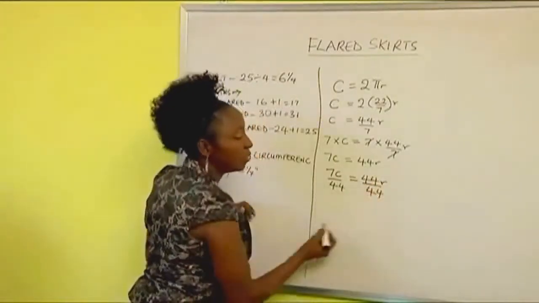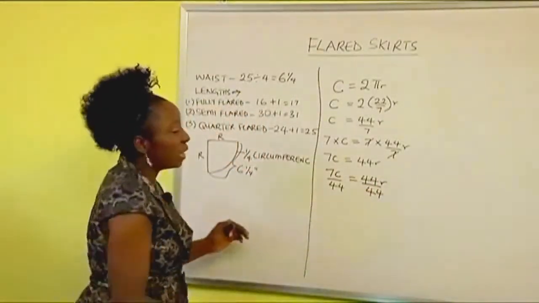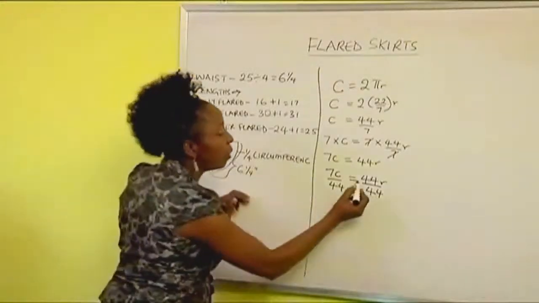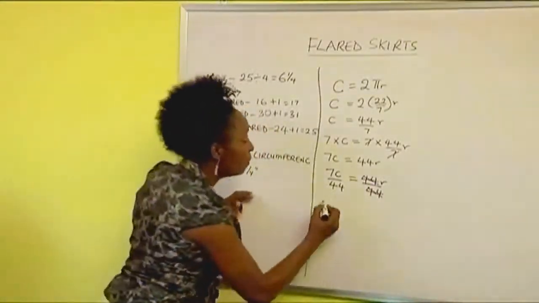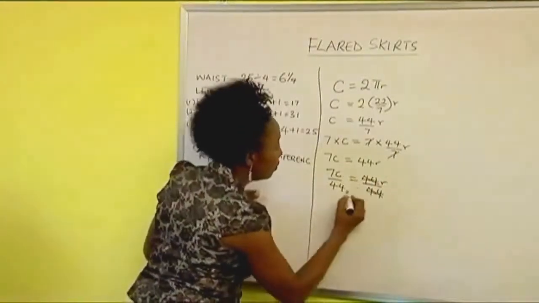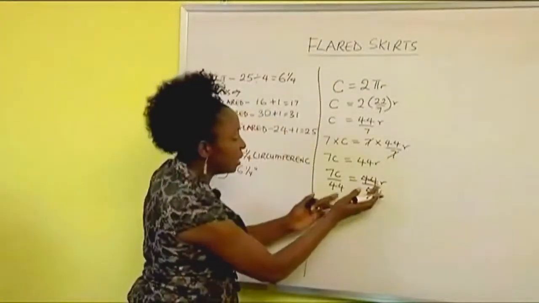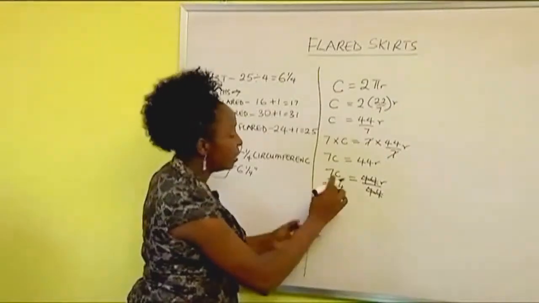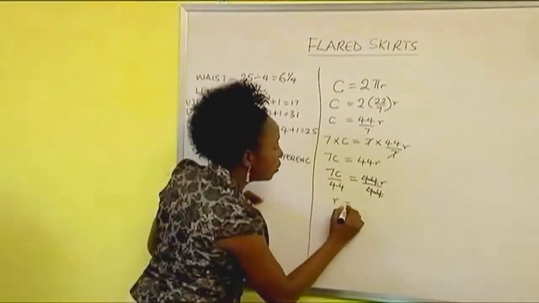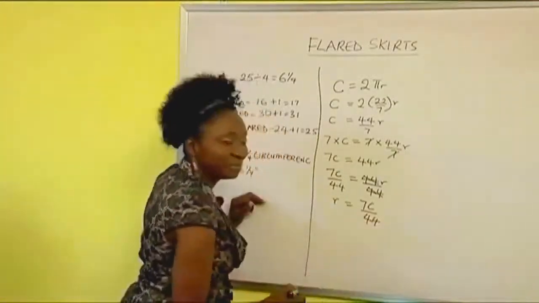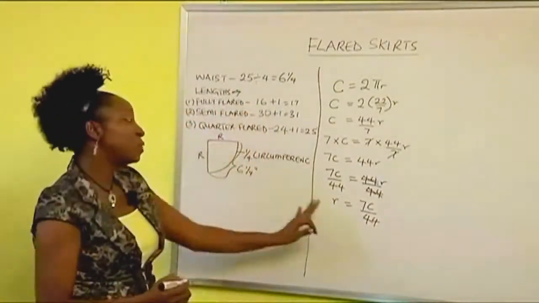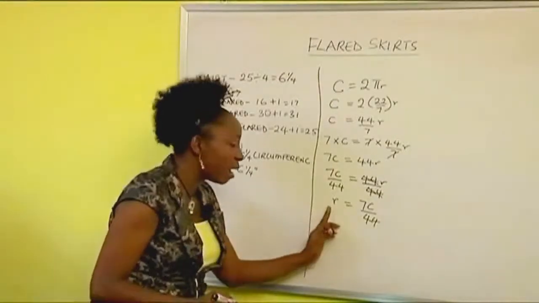Once I've done this, I just cancel 44 with 44, and then what I'm left with is r. Now I'll change this to the other side, and that will be r equals 7C/44. Easy.